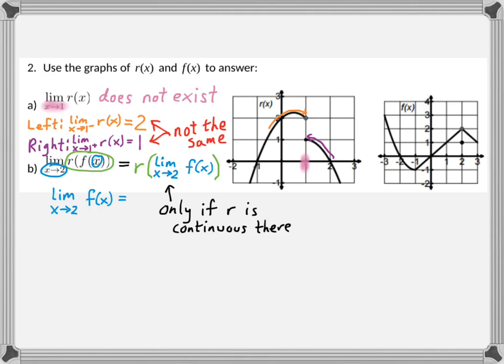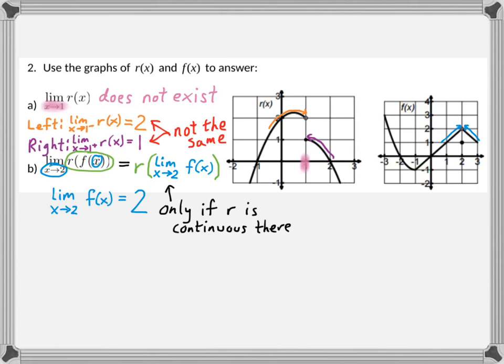I need to consider as x approaches 2 from both sides. So here is from the left on the graph of f of x, and also from the right. What y value is f of x approaching in both cases? Oh, f is approaching 2. Now, that just happens to be the same as the x value. I should have picked a better graph.